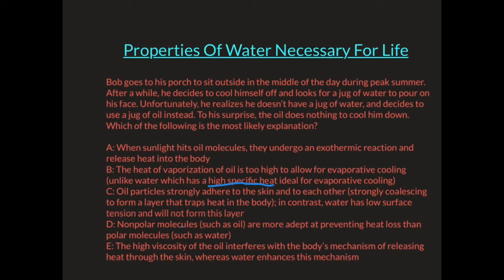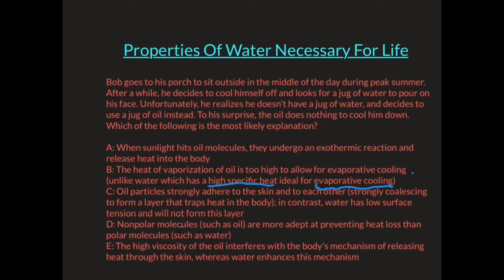And we know that water is essential in evaporative cooling because if you think about when we sweat, when we exercise and we sweat a lot, the reason sweat is able to cool us down is because the sweat, or molecules of water, are able to absorb large amounts of heat from the body and then evaporate. And so they essentially are able to leach heat from the body. So evaporative cooling is a key mechanism by which water, or sweat, is able to cool the body. And so this statement right here is definitely very logical. So we can leave that.